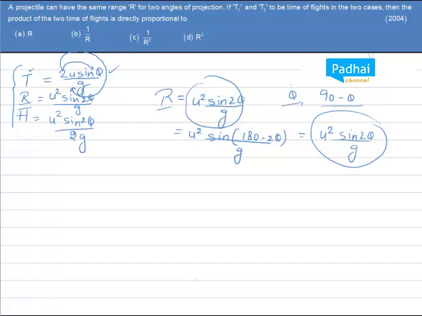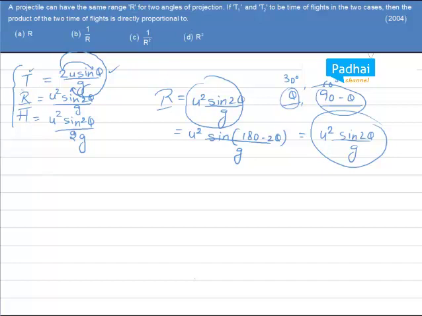For example, if it is 30 degrees, then the other angle should be 60 degrees, so that the range is the same. So the two angles are theta and 90 minus theta. Now let us see what the question is saying. If T1 and T2 are the two times of flight in the two cases, then the product of the two times of flight is directly proportional to what?